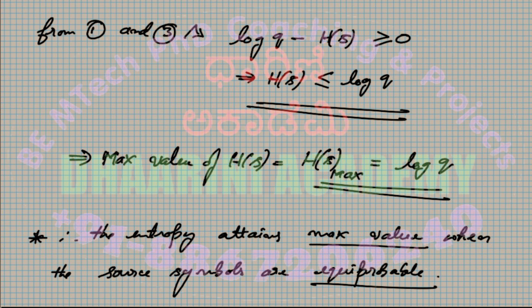So that is important. Maximum value comes into picture only when you have equal probability among the symbols. So that finishes this particular property.